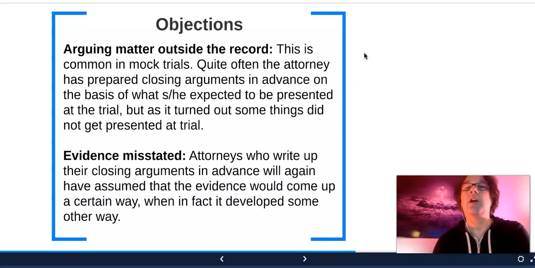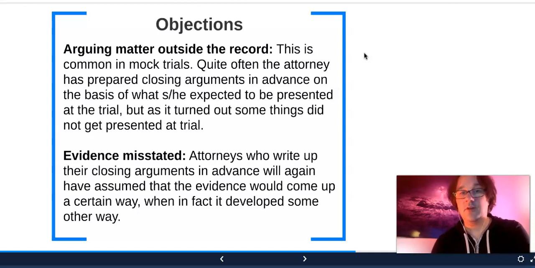So I try to leave closing statements for a separate day, not the same day as the last witness has testified. That way it gives you an opportunity to change your closing statements, because some of the evidence that you expected to be mentioned might not get mentioned. And here you are in your closing statement talking about evidence that was never presented. So this would be an objection that could be raised during your closing statement.